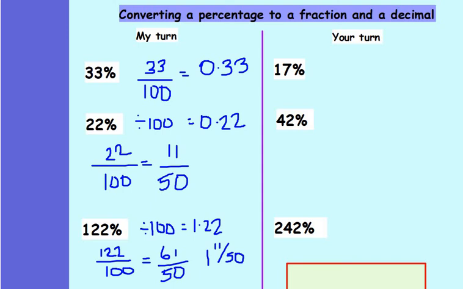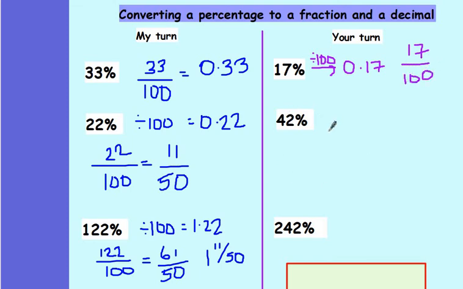Okay, let's go through the answers. So for the first one, I've got 17%. To convert it into a decimal, I need to divide by 100, which gives me 0.17. We know percentage means out of 100, so as a fraction, that's going to be 17 out of 100.